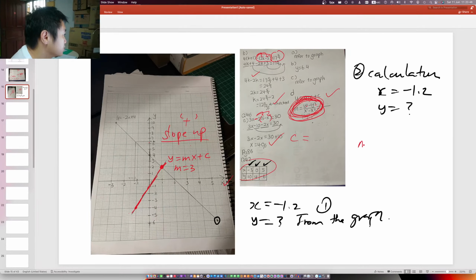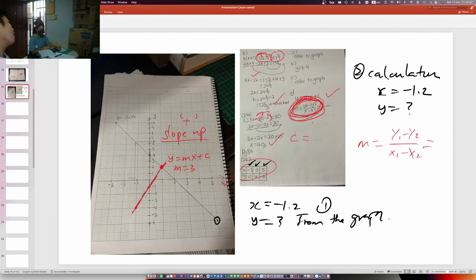Yeah, I did. y1 minus y2 over x1 minus x2. If you did it without writing down the coordinate, I think you are bound to make mistake. I was looking at the workbook, using the coordinates over there. Yeah. So it does not make sense if you get 1 point something.